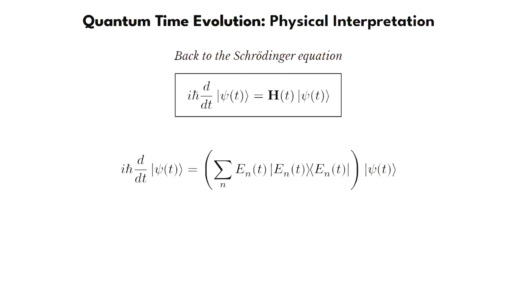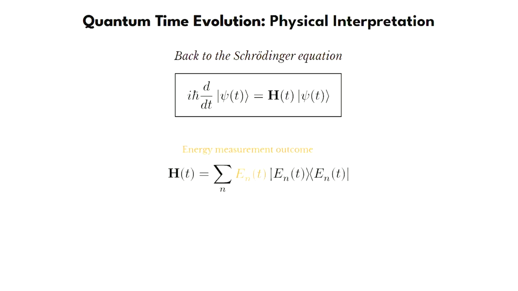Now let's look at how this actually tells us anything useful about H(t). So by direct comparison, we can write down, okay, this H(t) has this form. And what it actually tells us is that the E_n(t) in front is an energy measurement outcome. And the basis state behind is the post-measurement state.